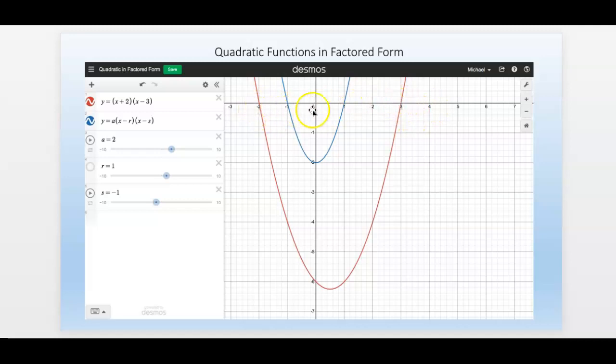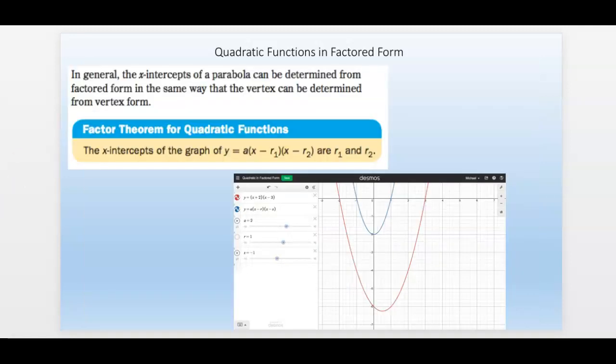And you can see directly in between those two would be the axis of symmetry. It can be determined from the factored form the same way that the vertex can be determined from the vertex form. You can just look right at it, okay?